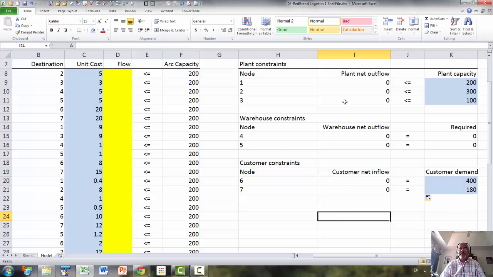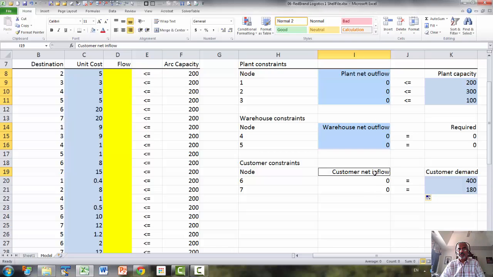Now let's name these. There are these three on the left side, and we don't need a name here because we can just set it equal to 0.